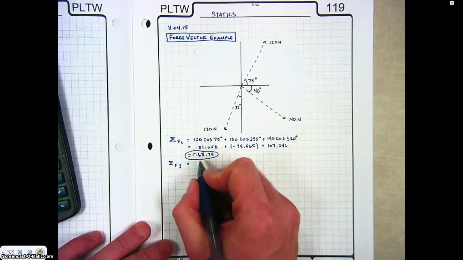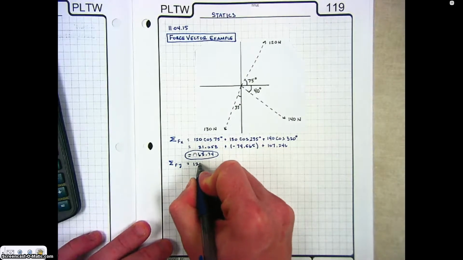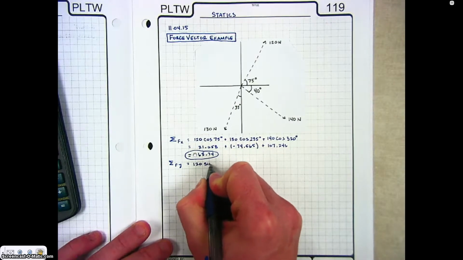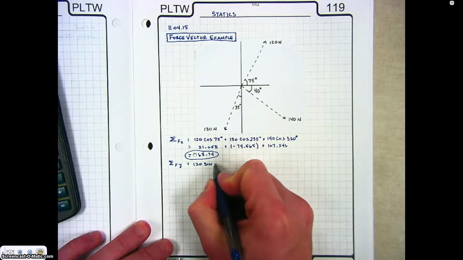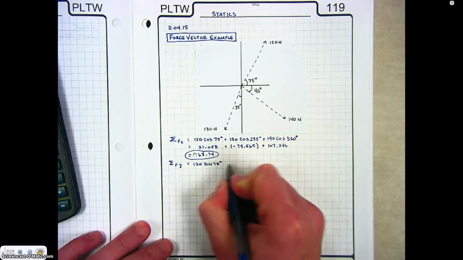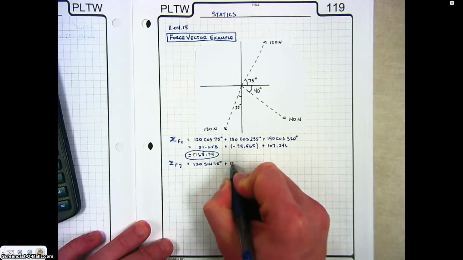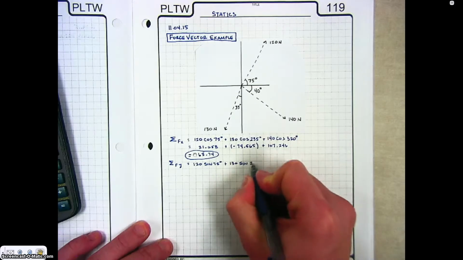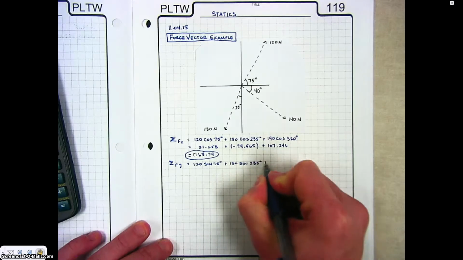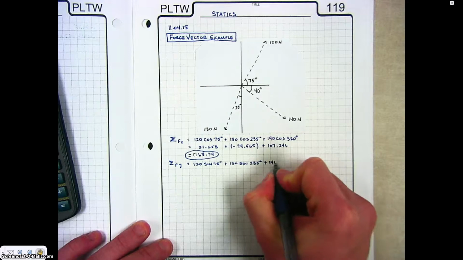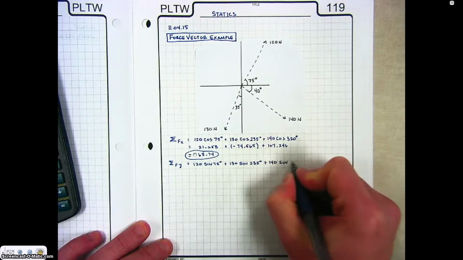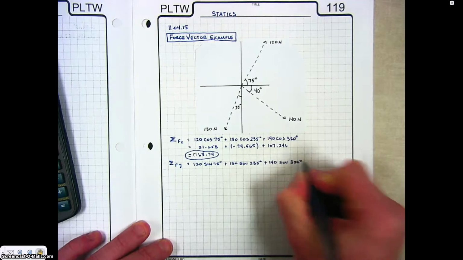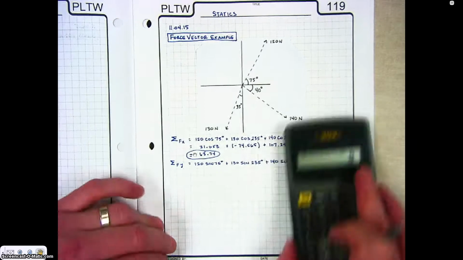So again, I will have 120, and this time the only difference will be sine of 75 degrees plus 130 sine of 235 degrees plus 140 sine of 320 degrees.